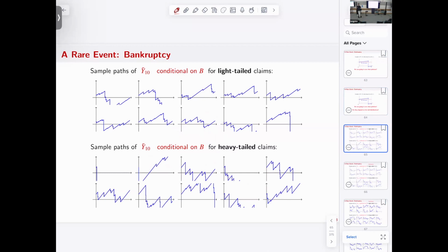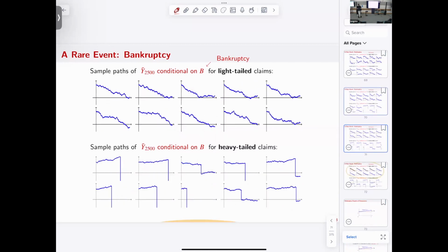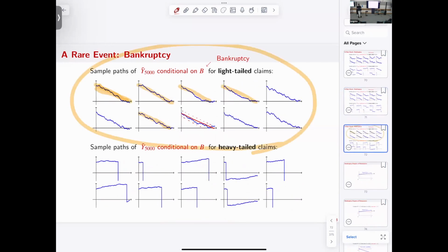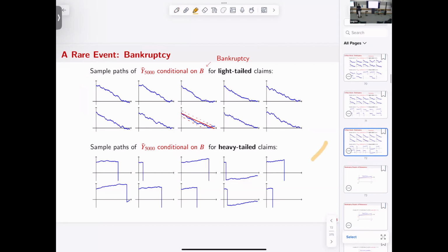I only collected bankruptcy scenarios, so that you can interpret this as sampling from the conditional distribution on the bankruptcy. As the scaling parameter increases, you start to see some pattern arising. In light tail cases, these are the patterns, and in heavy tail cases, these are the patterns.